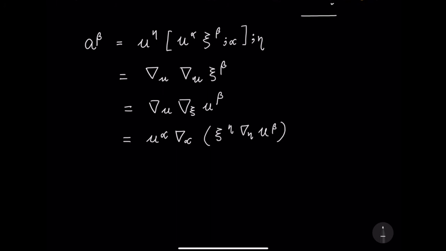Now the covariant derivatives follow Leibniz rule, which means that I can do the derivative of the first, which is in this case, and keep the second intact. And then do the reverse.